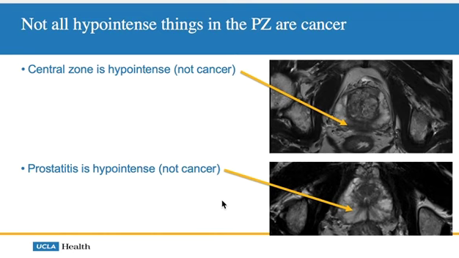Or they can be wedge-shaped. So this is another sign that this is probably not a prostate cancer. And again, we'll use our other sequences to confirm or refute that hypothesis. But when you see striated, wedge-shaped, or striped-shaped hypointensities in the peripheral zone, you have to be thinking that it may not be cancer, it may be prostatitis.